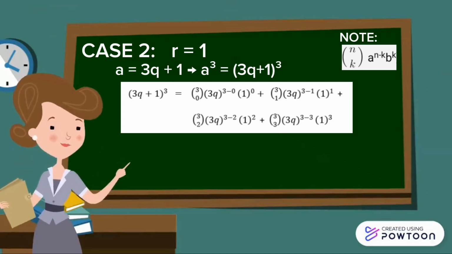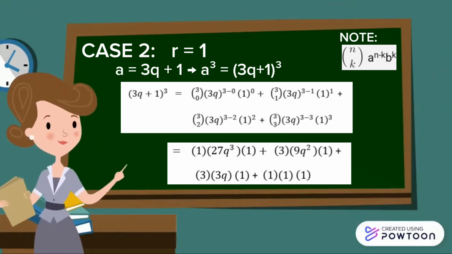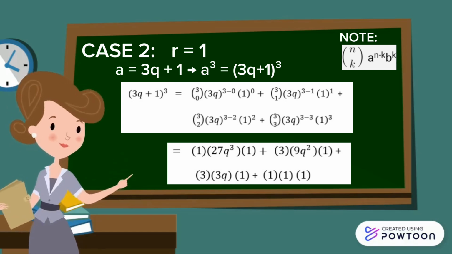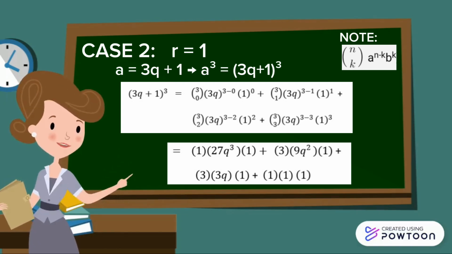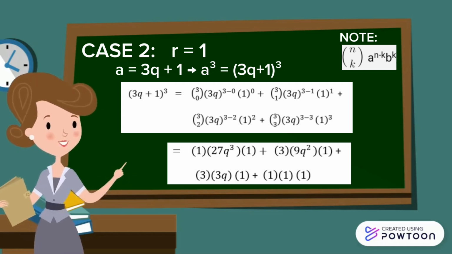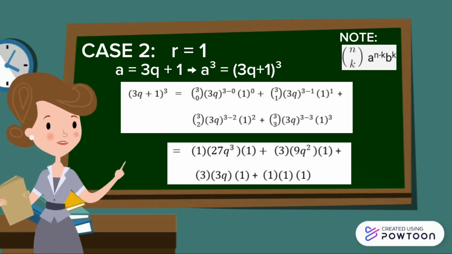Simplifying each term, we get 1 times 27q raised to 3 times 1 plus 3 times 9q raised to 2 times 1 plus 3 times 3q times 1 plus 1 times 1 times 1.